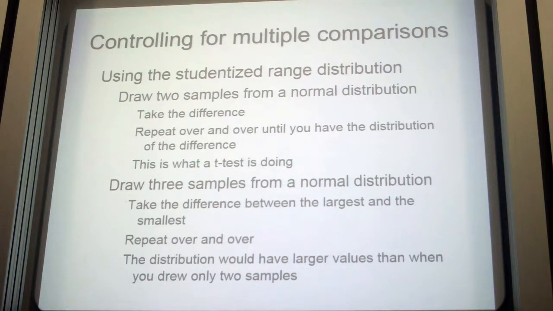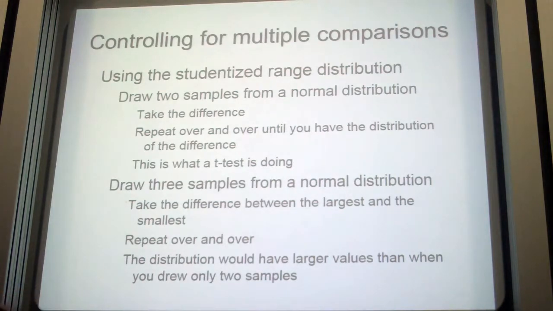Okay, what's this studentized range? If you draw two samples from the normal distributions, you can look at the difference between the means. And then you can repeat that over and over and over until you have the distribution of the differences. This is actually just what a t-test is doing.